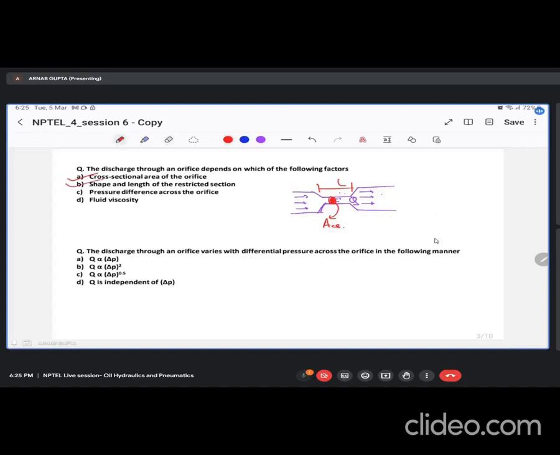And pressure difference across the orifice. Yes, that affects the flow, because the flow happens from a region of higher pressure to a region of lower pressure, and hence the pressure difference that is acting. This is basically the difference between the upstream and the downstream pressure across the orifice.